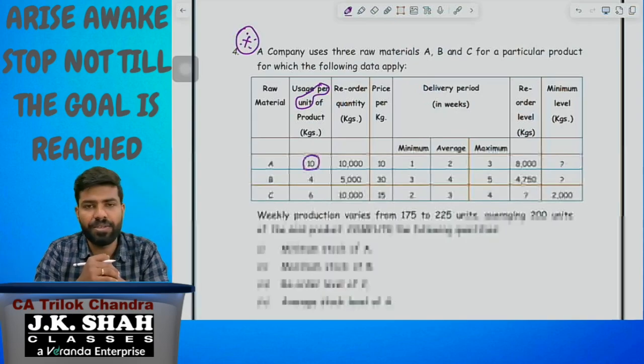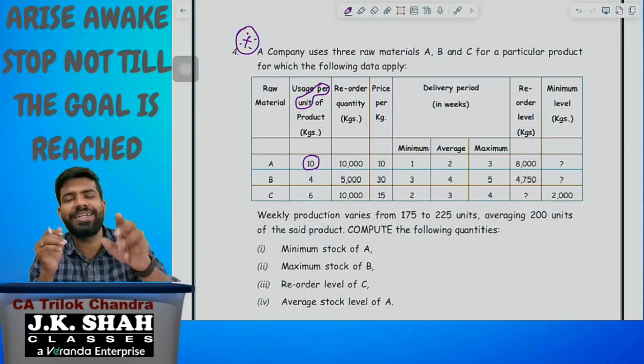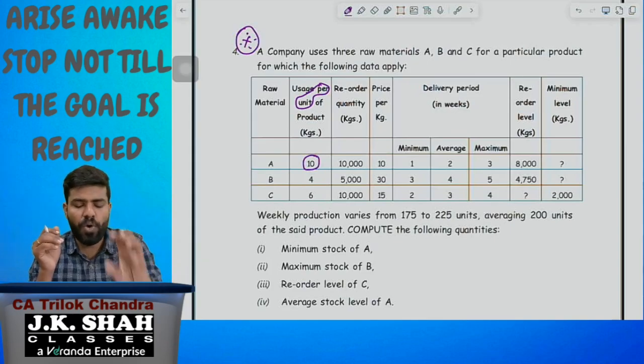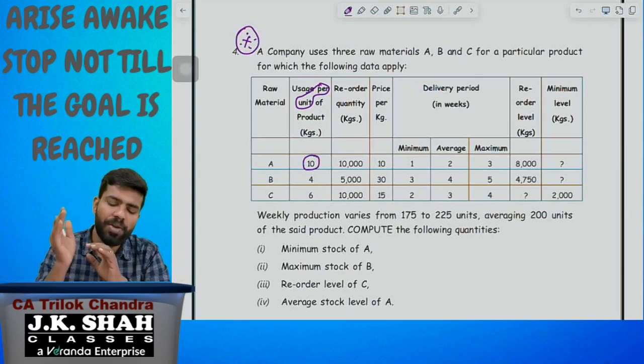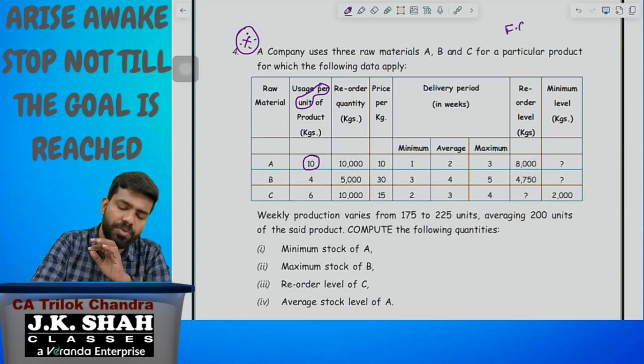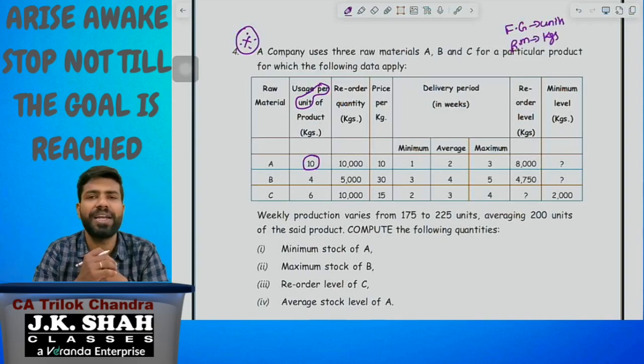For the production of 1 unit, 10 kgs of raw material A, 4 kgs of raw material B, and 6 kgs of raw material C will be consumed. Here what we need to understand is that finished goods are expressed in terms of units and raw material in terms of kgs. Have the clarity on this.